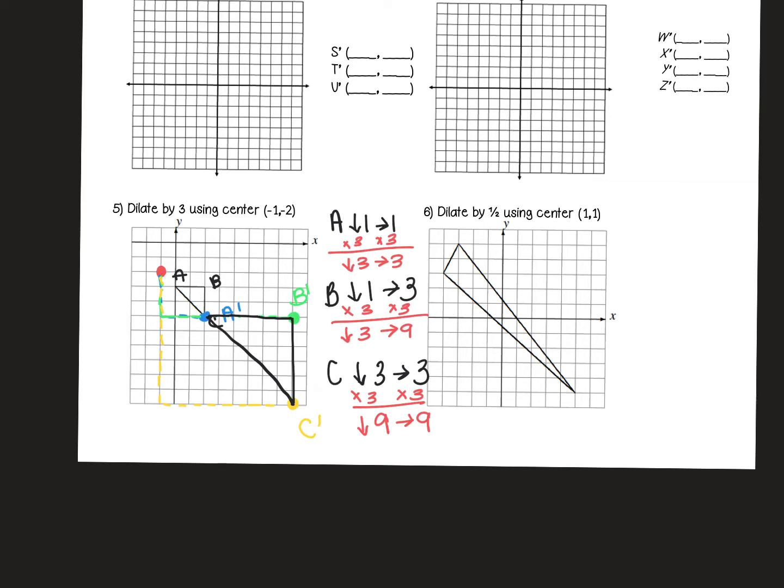Number 6 is very similar. So I'm going to start by plotting my center, which is at (1, 1). So right here. I'm going to start by counting from my center to point A. So I'm going up 1, 2, 3, 4. Left 1, 2, 3, 4.